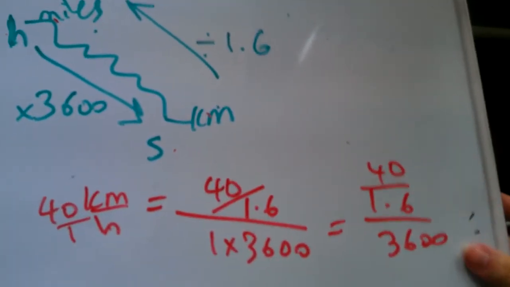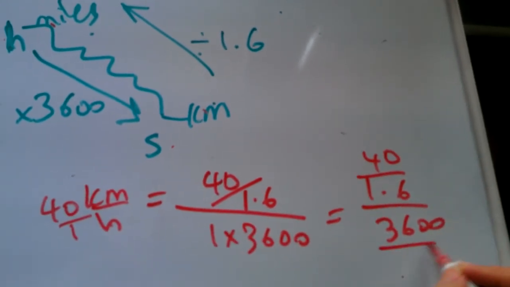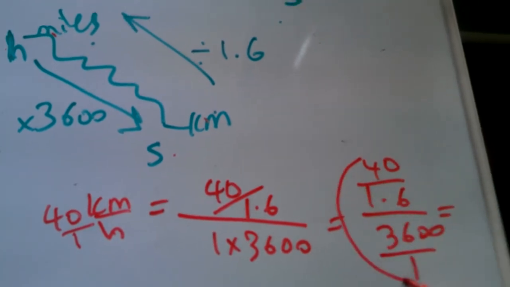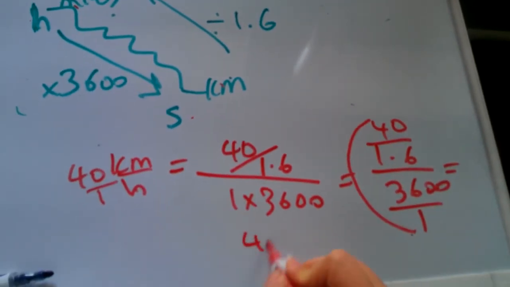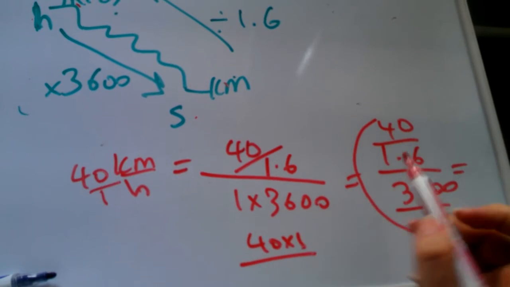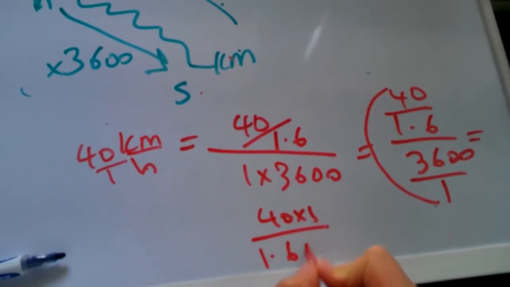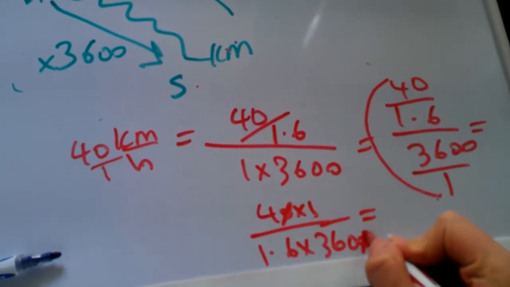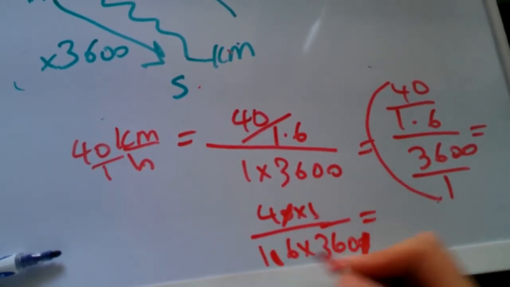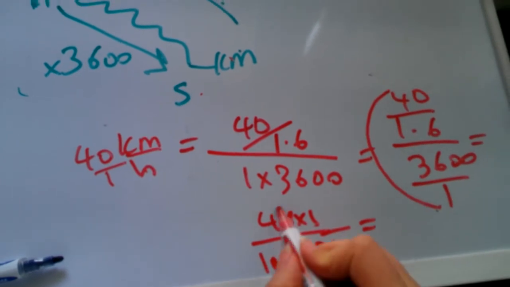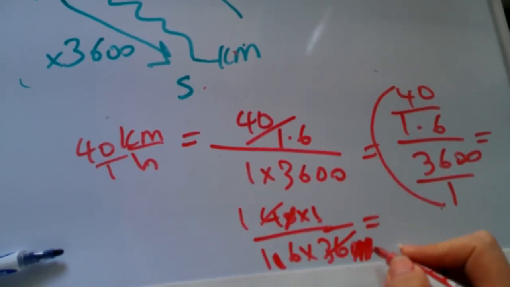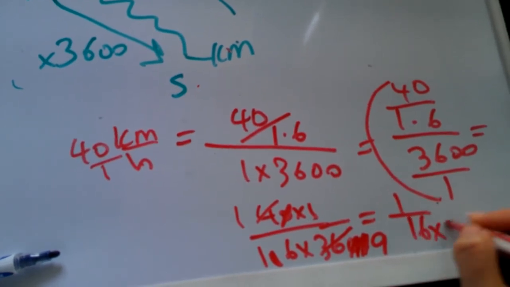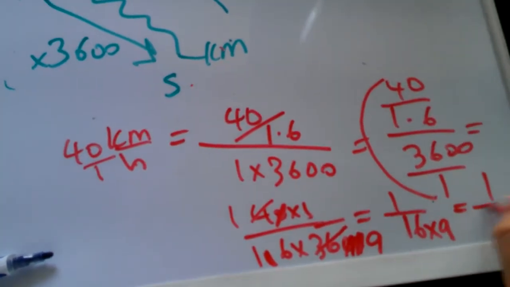If you want to do this math, you just need to give this a denominator of 1, and then you do 40 times 1 over 1.6 times 3600. The 0 cancels out with this one. This decimal place cancels out with that one. 4 cancels out with 9. Then you end up with 16 times 9 and whatever that number is.